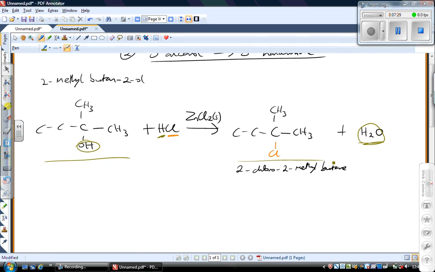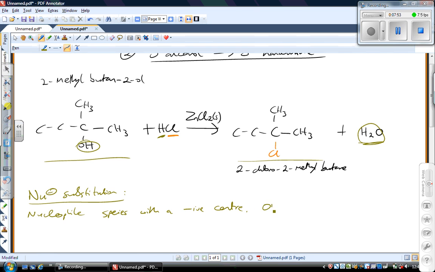And I better explain what nucleophilic substitution is. I'm not sure if I covered that in my last video. So a nucleophile, by definition, is a species with a negative center which is attracted to positive centers. So the nucleophiles that you need to know for level 3 typically are OH minus, and that's its negative center, Cl minus, and then you have the other halide ions.